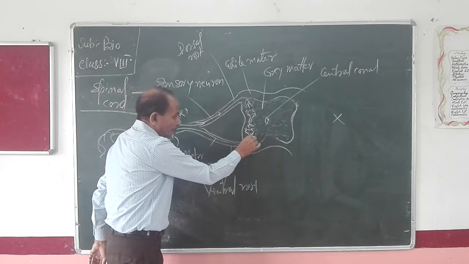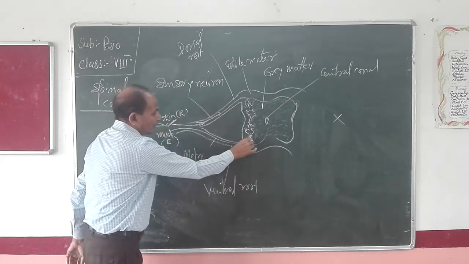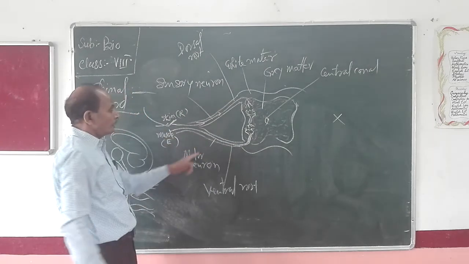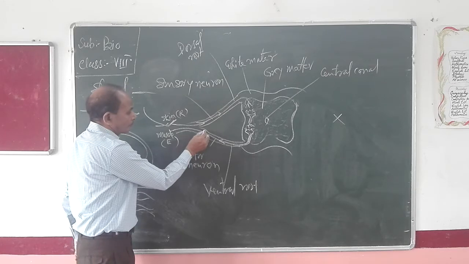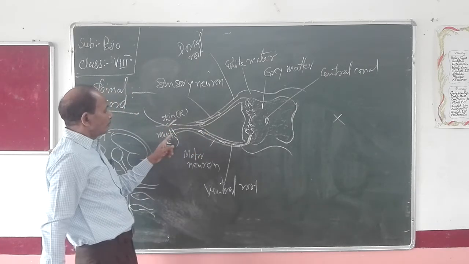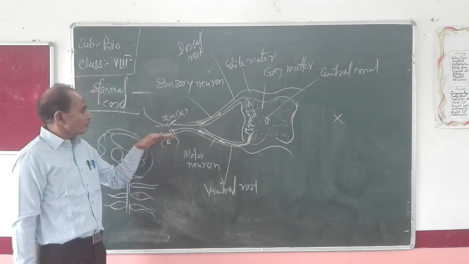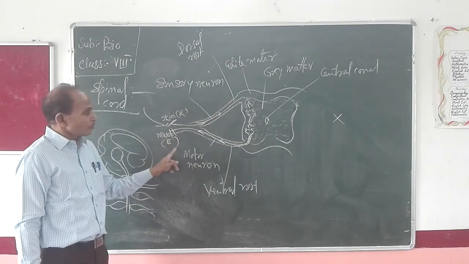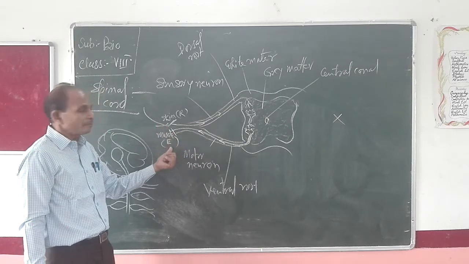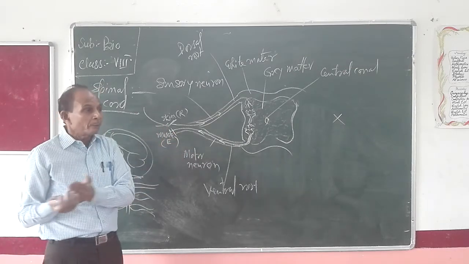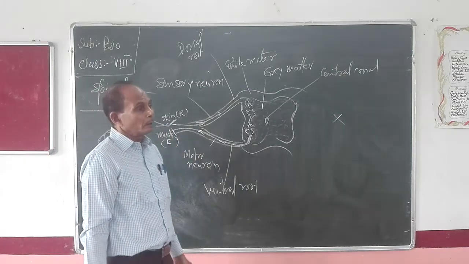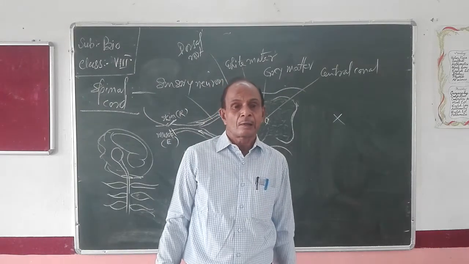This impulse of order is carried by the motor neuron to the muscle or gland. You have said muscles or glands are known as effectors. After receiving that impulse of order, the effector will help in showing the reflex action.